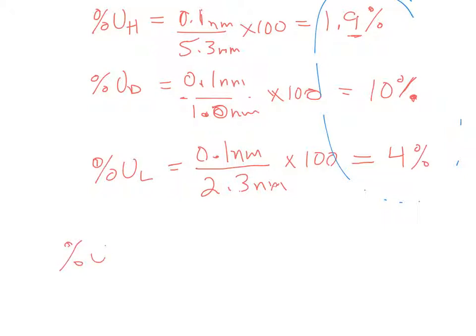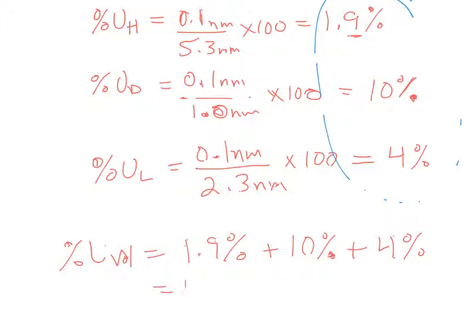So my percent uncertainty for the volume, big V, is going to be 1.9% plus 10% plus 4%, and that equals 15.9%, but I'm just going to round it to 16% because it's above 2.